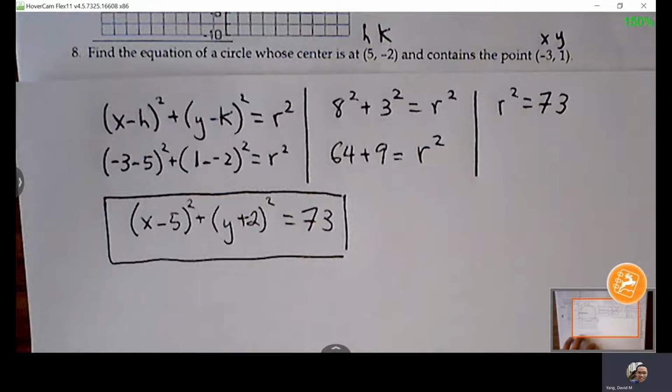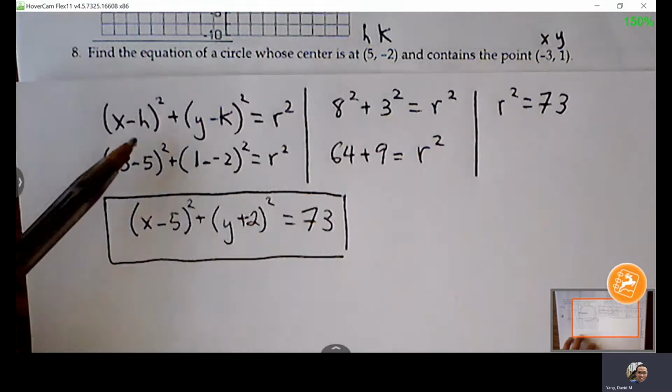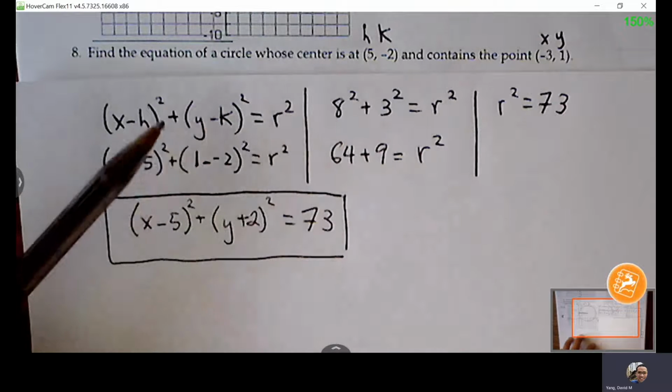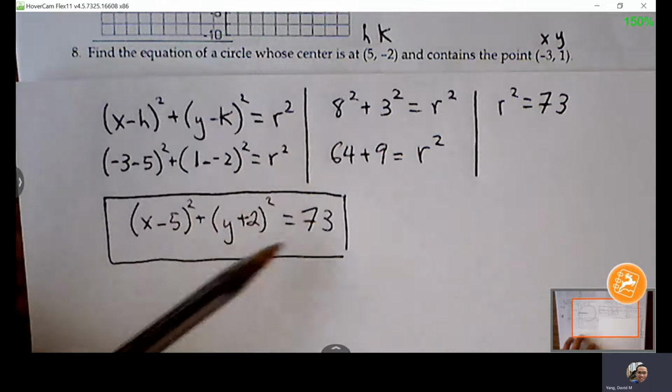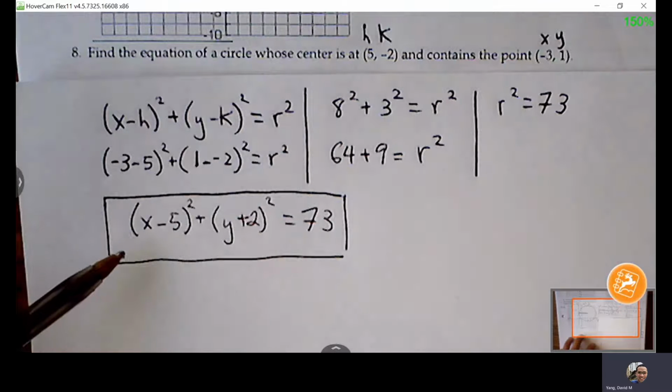There's a very specific way that we solve this type of problem, that we use the circle equation to help us solve for r, and then get that to help us find our equation. Any questions with 8?